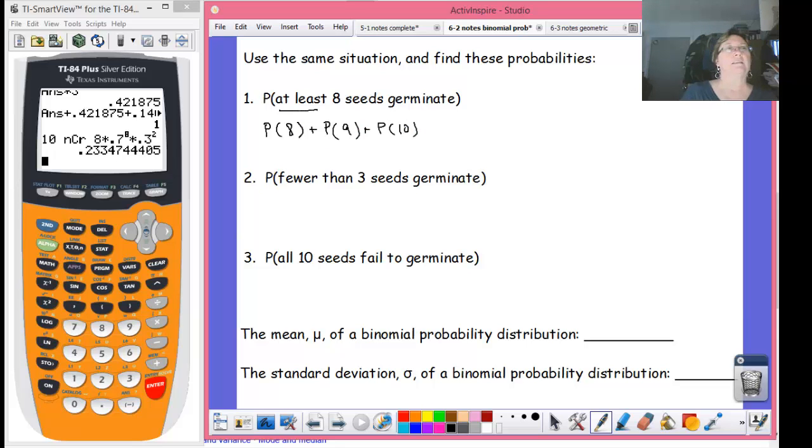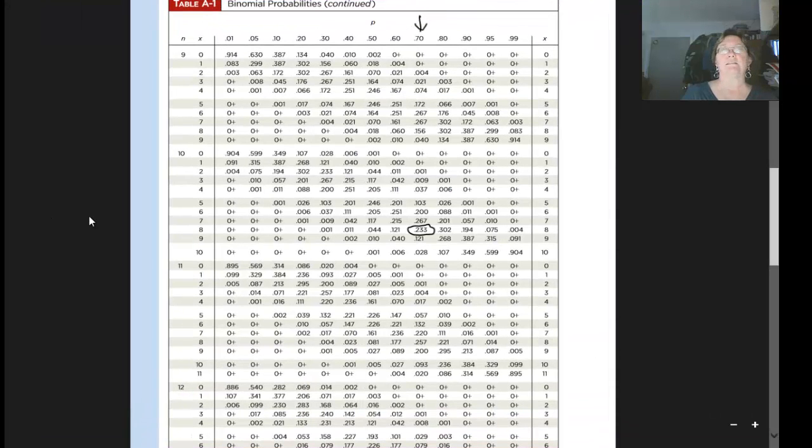So let's get to the table again. And as I said, tomorrow y'all will have your own table. 0.233, that was the probability that 8 germinate. 0.121, the probability that 9 germinate. And finally 0.028, the probability that all 10 germinate. 4, that's 12, 4 is 8, so 0.382 if I'm adding correctly.